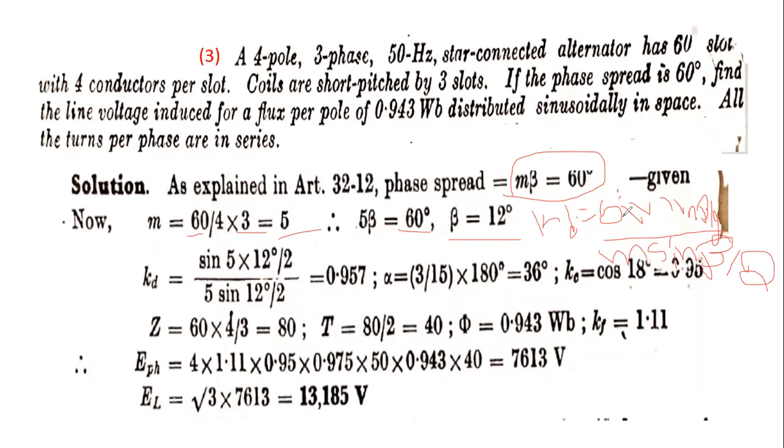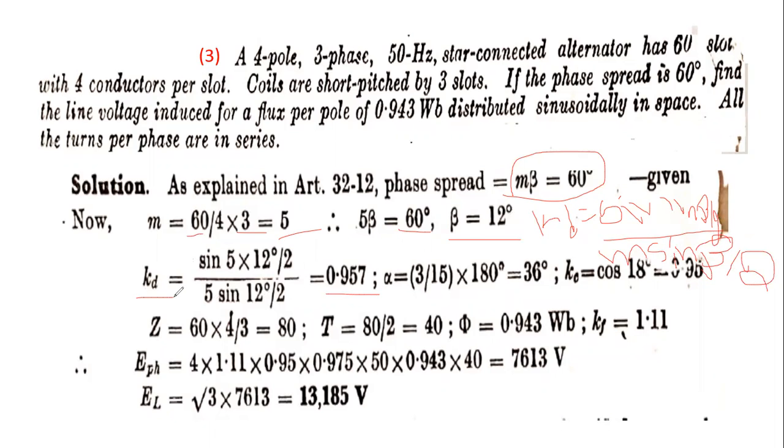Therefore, we substitute all the values: sin of m, where m is 5, into beta, 12 degrees, by 2, divided by m, 5, sin(beta by 2). Then we obtain the distribution factor KD.